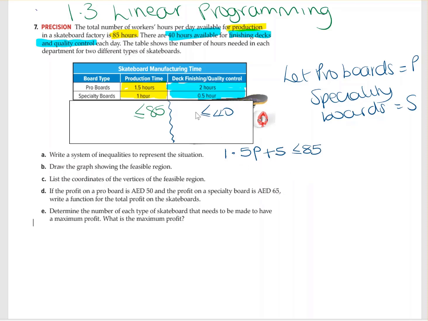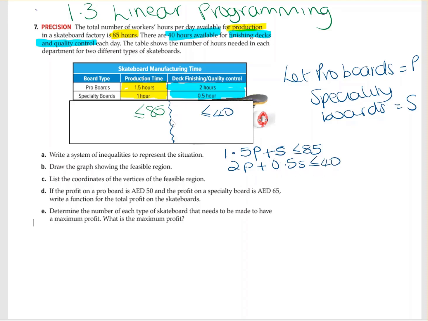Now if we look at the second one, we've got 2 hours plus 0.5 hours. So this is going to be 2P plus 0.5S, and this is less than or equal to 40.